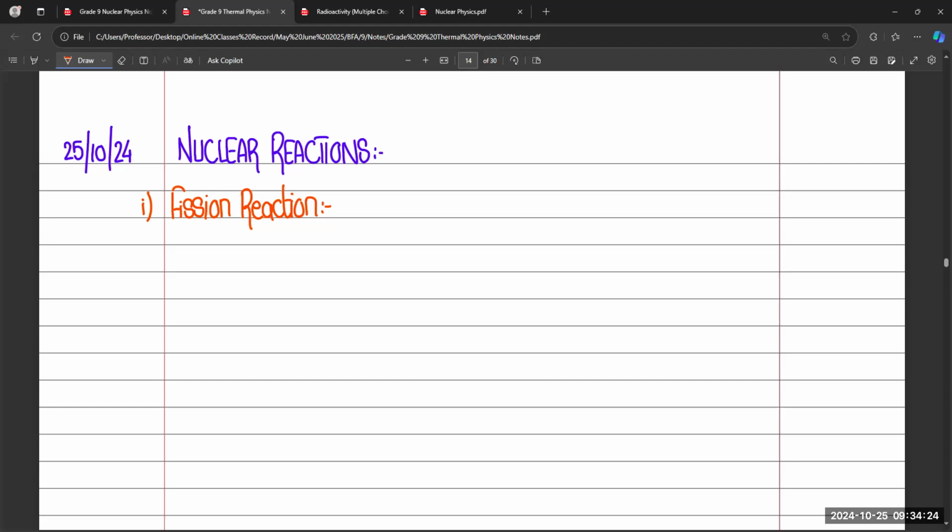In fission reaction, just consider if we take a nucleus that is equal to the mass of a football, for example, and we cut that football into small parts the size of a tennis ball.